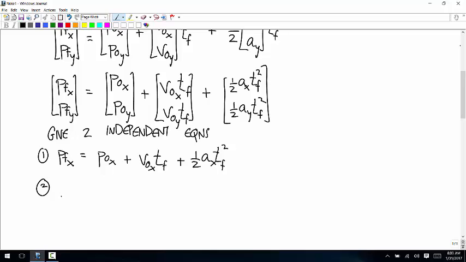And the second one says PFY is equal to P0Y plus V0Y TF plus 1/2 AY TF squared. So, okay, that's number 7. Number 8 and number 9 are basically the same idea as that.